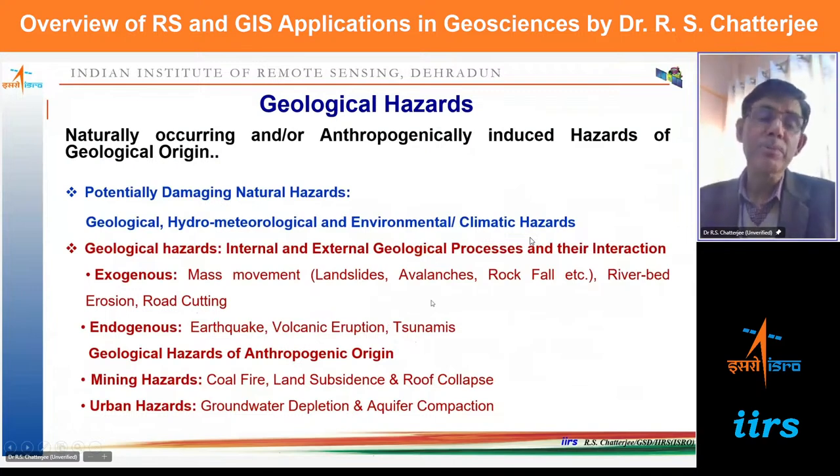When the slope is below the angle of repose, it will not fail, isn't it? When the slope is stabilized, it will not fail. All slopes are not unstable, or all slopes are not going to fail. But depending on the material composition, the geotechnical properties, as well as the topographic slope, that slope is important.